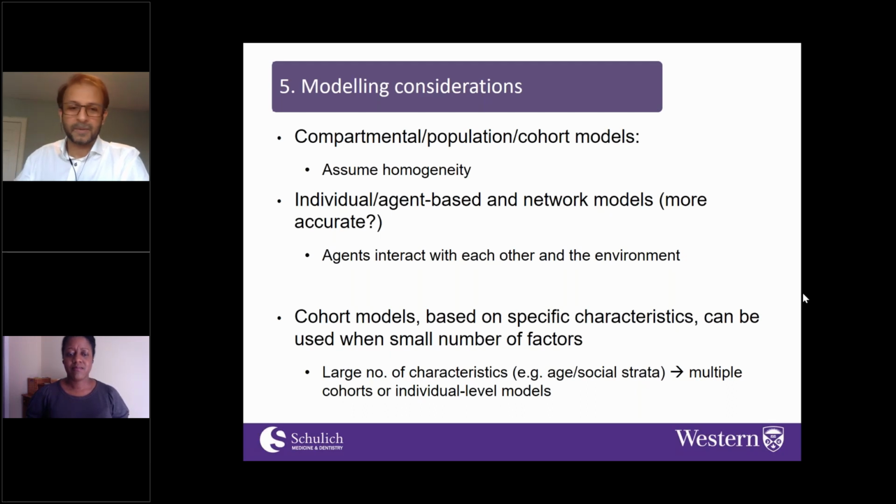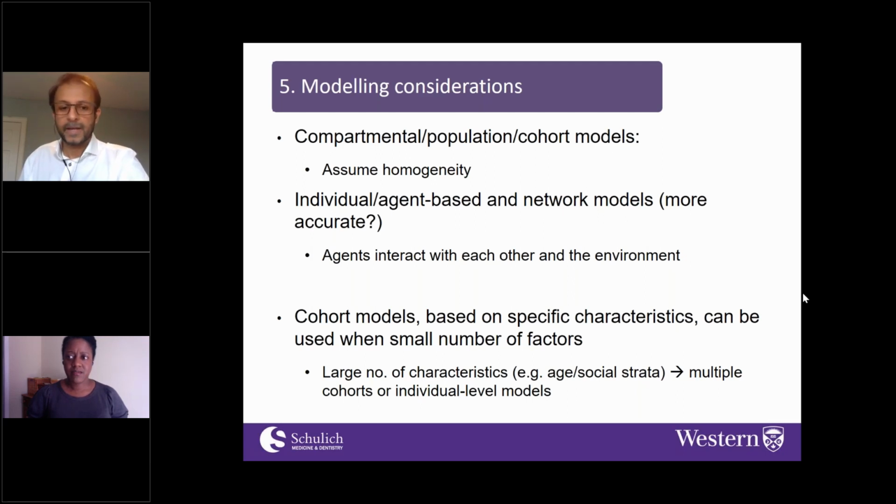And one of the assumptions that people make is that individual-based models are more accurate, which is often the case, but not always. You could also develop population-based models where you take into account different characteristics of the population that you are interested in, and then potentially look at subcohorts to the limit that it allows you to.